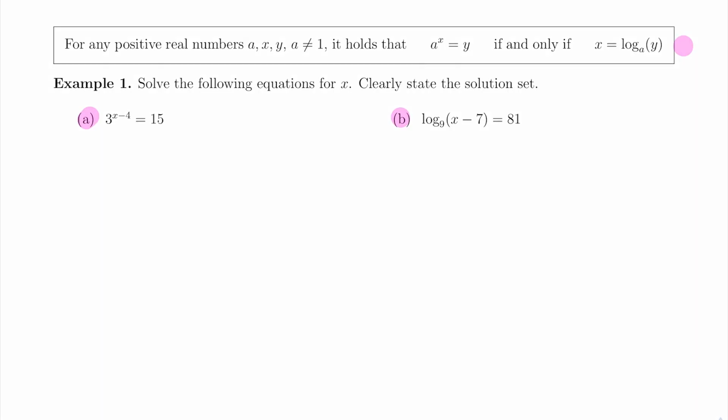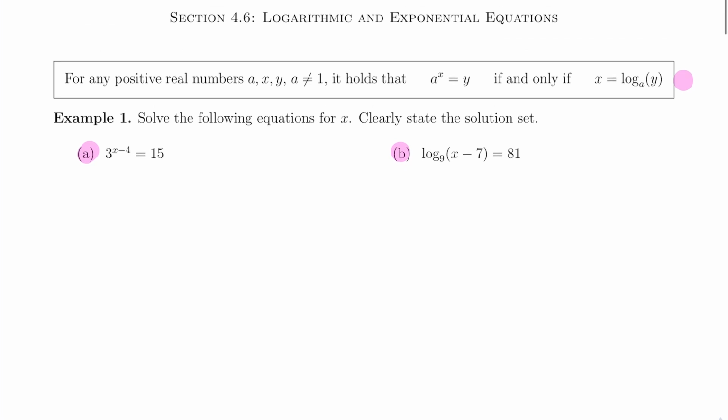So we have 3 to the power of x minus 4 equals 15. Now if I rewrite that as a logarithmic statement, then the logarithm is the exponent, so I write my exponent x minus 4 equals the logarithm. The base stays the same, to the base 3, of 15, which is the leftover number.